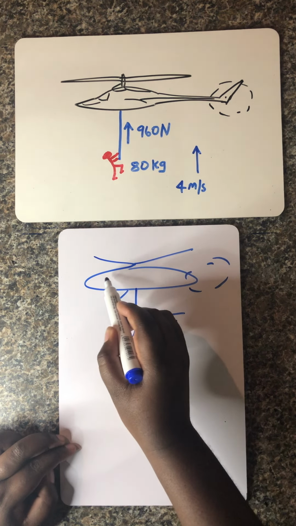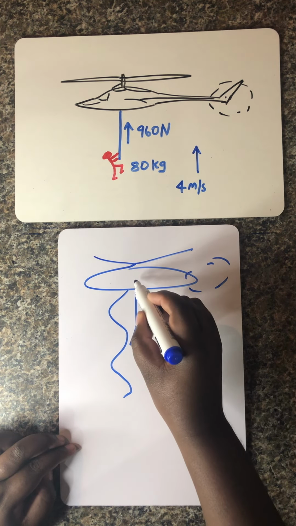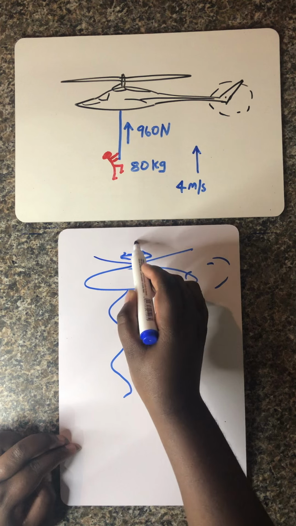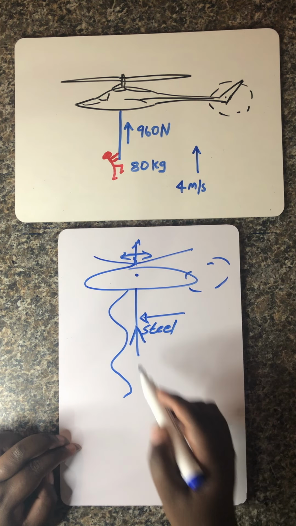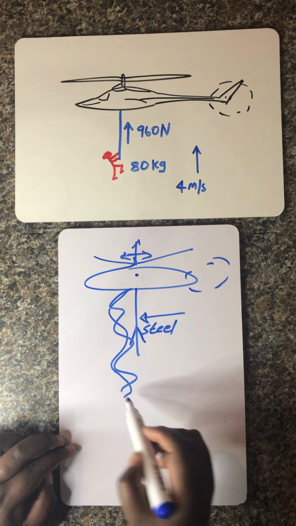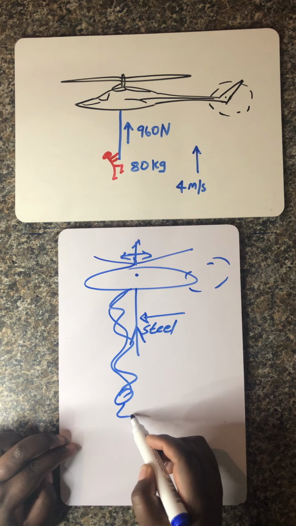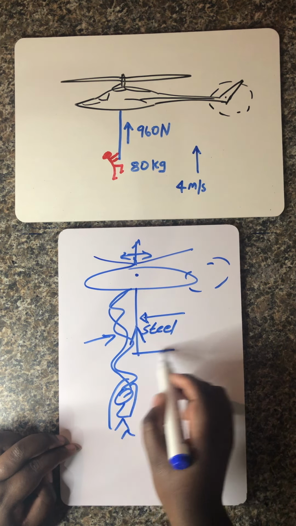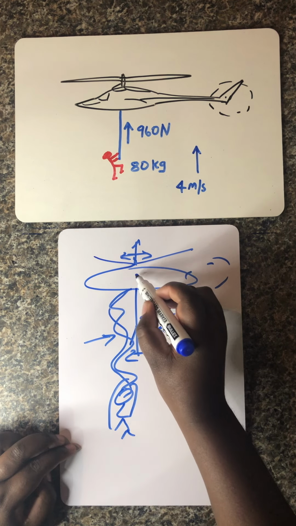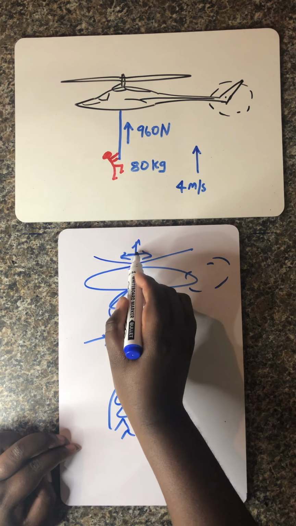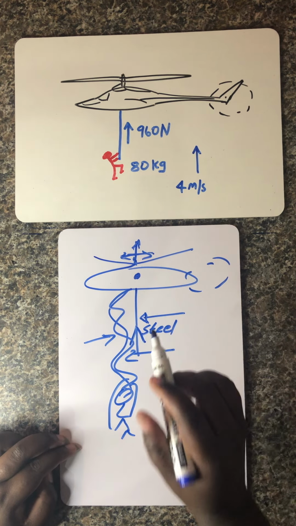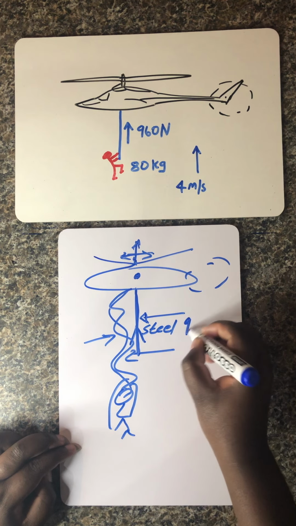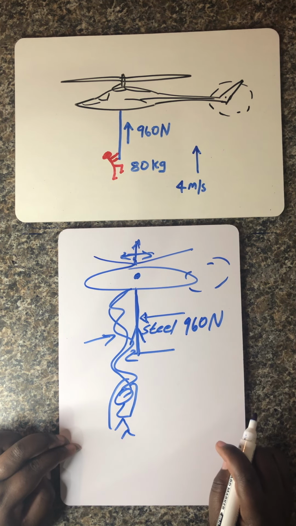And if this aeroplane is not stationary at one point, maybe slightly moving sideways and slightly moving up and down, that's when you can have a rope moving sideways. This is that person, the soldier. But in this case they are saying this is stationary at one point, not moving sideways, not moving up and down. The only thing which is moving is just that cable, and the tension is 960 newtons.